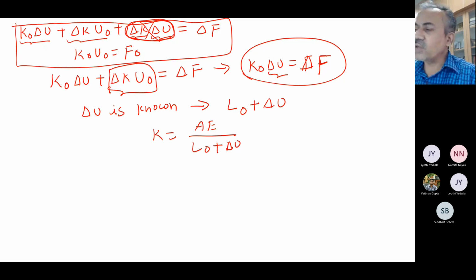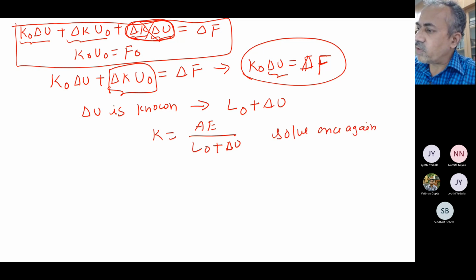Once the new stiffness matrix is there, you have to solve once again for delta U, and then do it in an iterative fashion until you see the solution converge.